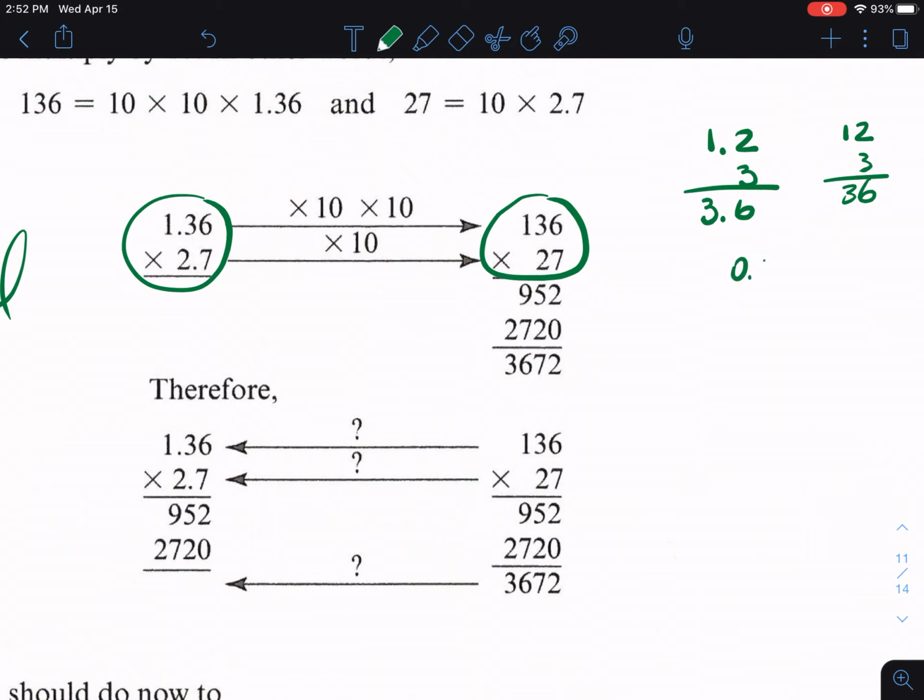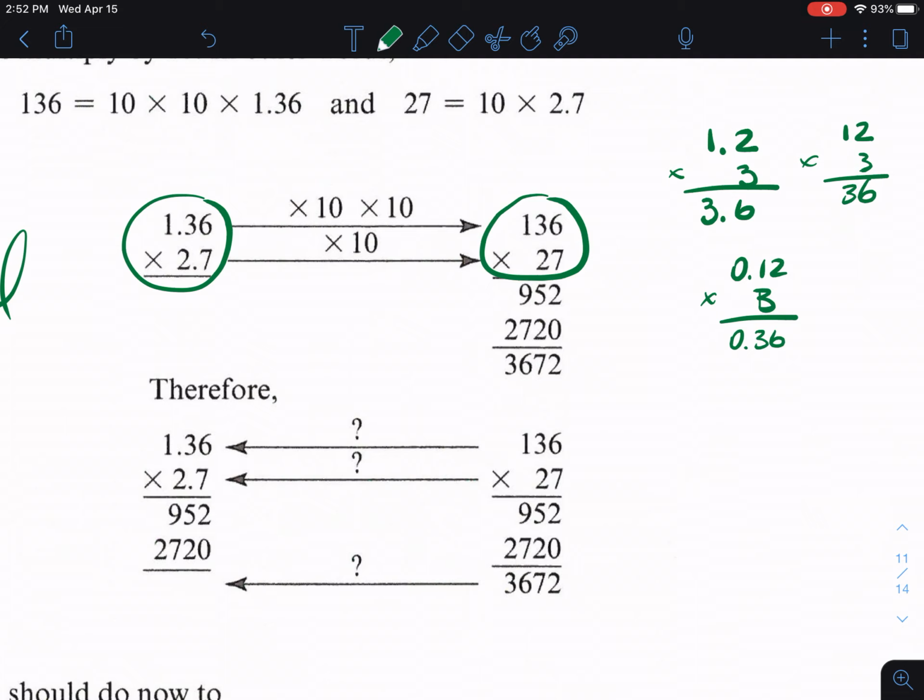And in fact, 0.12 times 3 would also give you the same digits. It's just the place value of each of the digits that changes, like we talked about when we were multiplying or dividing by 10. So if we can get the digits, then we can compensate for the place value later on.